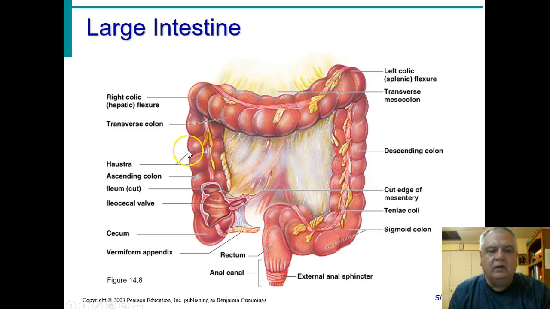If you have these outpockets that form, you have what is called diverticulosis. If these outpockets become inflamed, then that is referred to as diverticulitis. Itis means inflammation. So that's the difference between diverticulosis and diverticulitis. Just wanted to mention that before we move on.